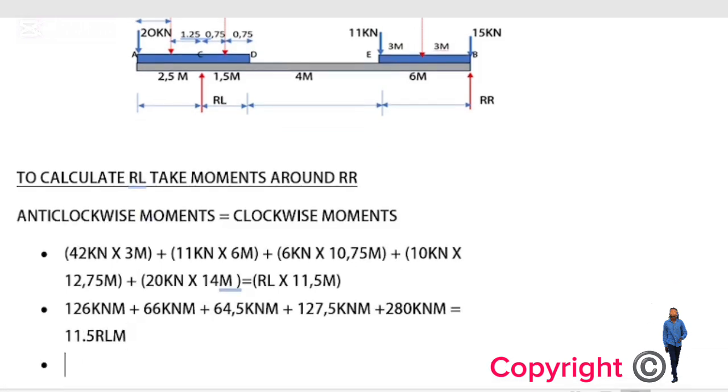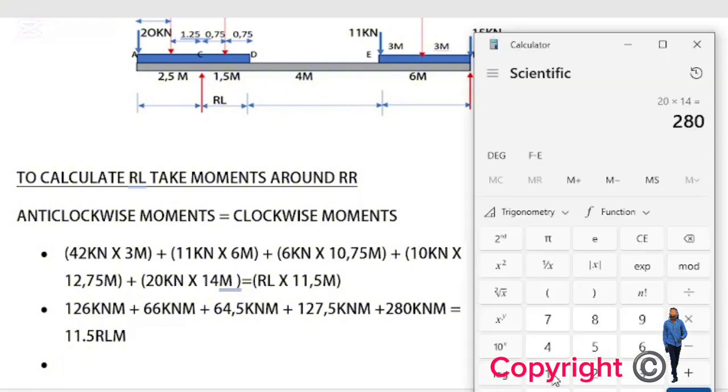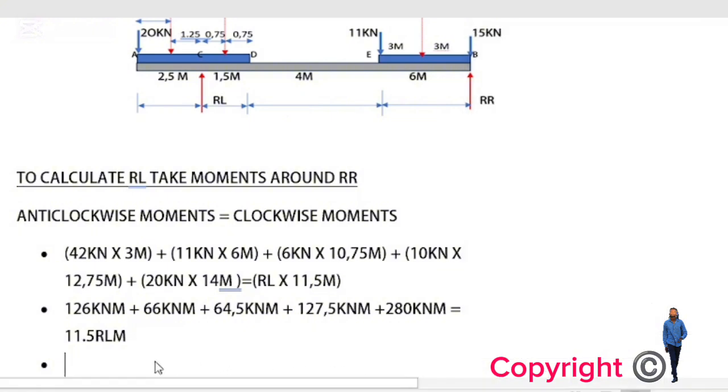So from here, let's add. It will be 126 plus 66 plus 64.5 plus 127.5 plus 280 equals 664.